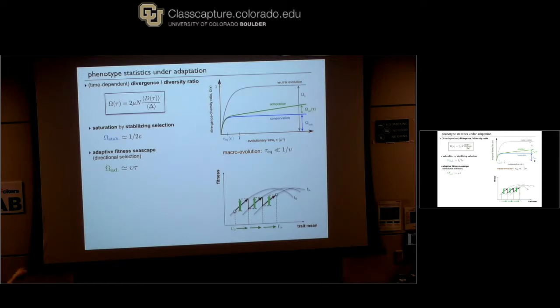So this was sort of the statistics we cooked up, but the whole thing we wrote down yesterday was basically a probabilistic description of the joint dynamics of population and the fitness peak.